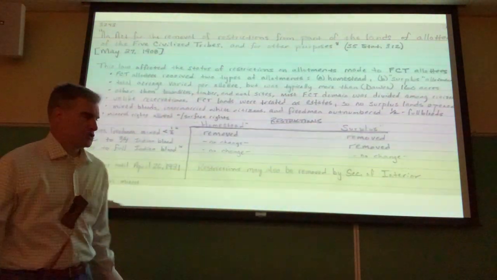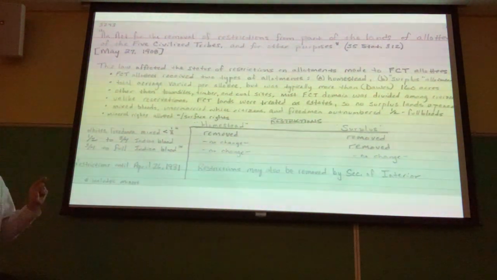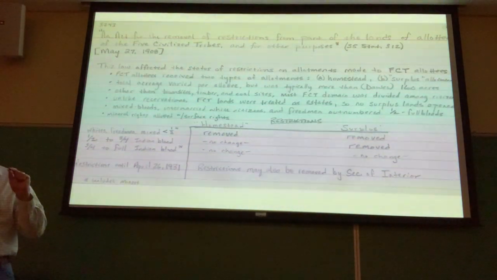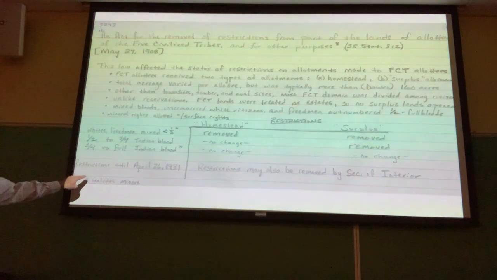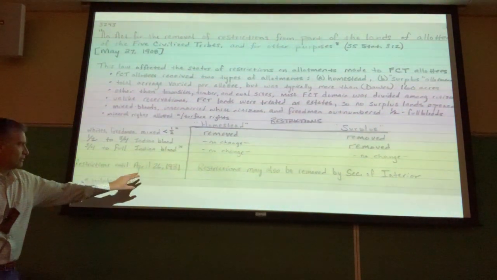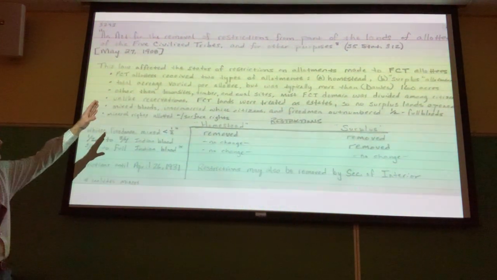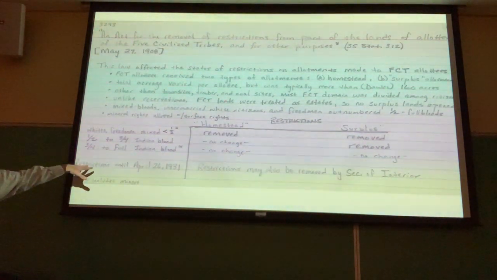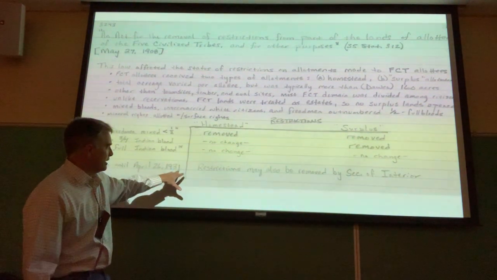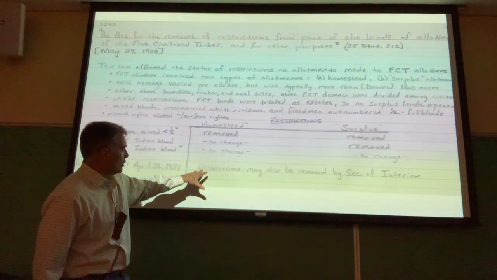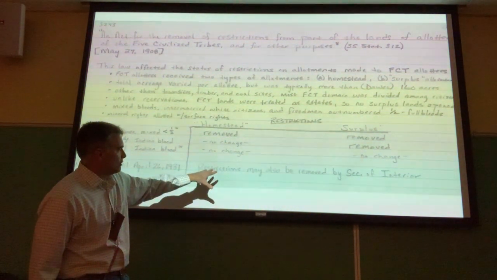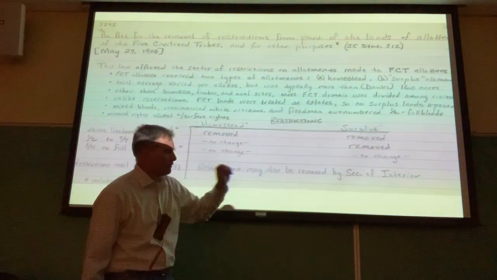Now, all of this changed, as you know, when Collier got into office, and actually a little bit before, on April 26, 1931. It was supposed to go to 1908. So this would be in operation until 1931. And then what the Burke Act did was it said that restrictions may also be removed by the Secretary of the Interior.